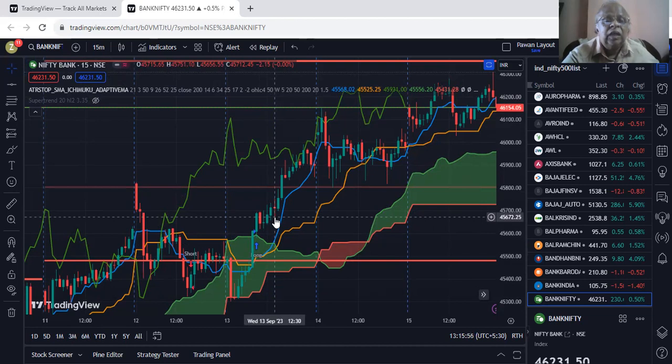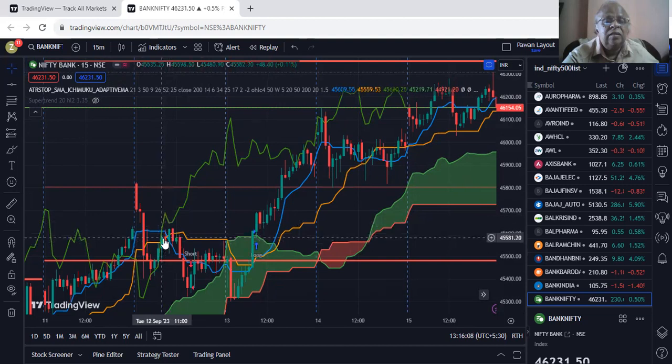See what is the position of the Chikou span. Chikou span is above these candles. Obviously, by visualizing it, you can see that the Chikou span is above, so one can enter into the trade. This Chikou span criteria has been met.